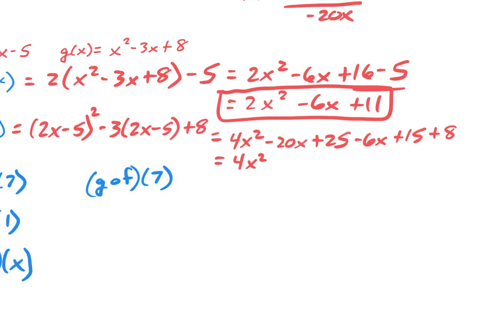Negative 20x minus 6x would be negative 26x. And then finally, 25 plus 15 would be 40. 40 plus 8 would be 48. And that would be our answer.